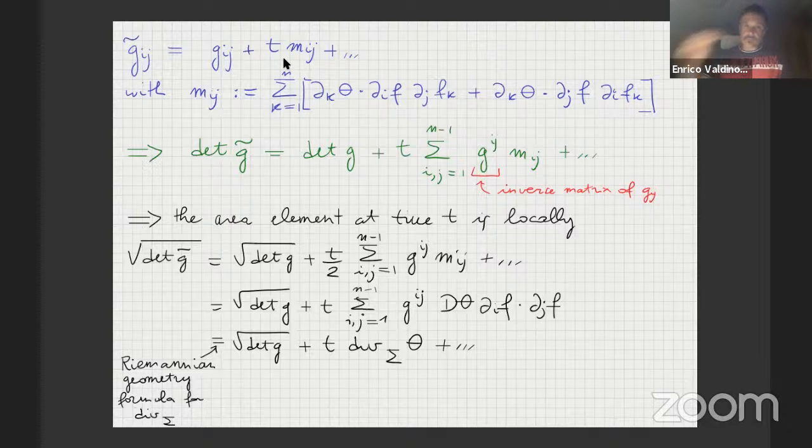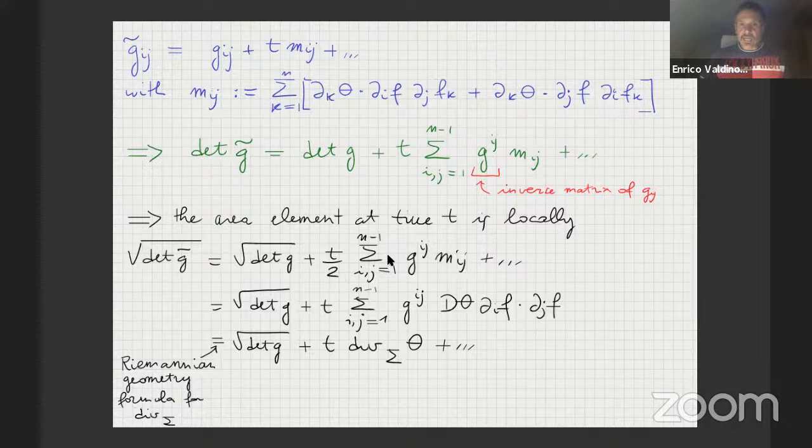Okay, very good, because I know that the area element locally is the square root of the determinant of the matrix. So if I take the square root of this object, I get the square root of the determinant of g. Then when I develop, the square root of 1 plus x is 1 plus x over 2 at the first order. That's why I have this 2 here.